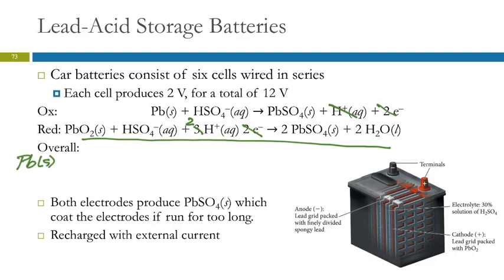So we have solid lead, and we've got hydrogen sulfate ion. And hydrogen sulfate ion is showing up as a reactant in the oxidation and the reduction reactions. So there's 2 of those. And then we've got lead 4 oxide and 2 hydrogen ions.